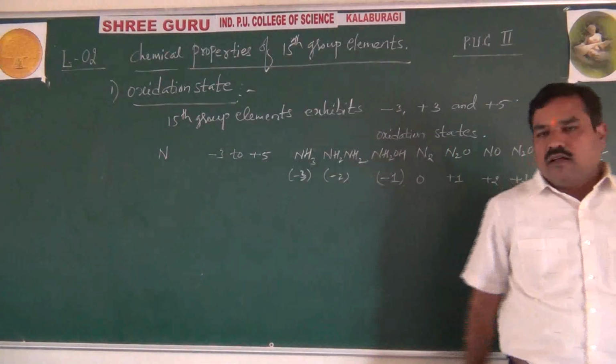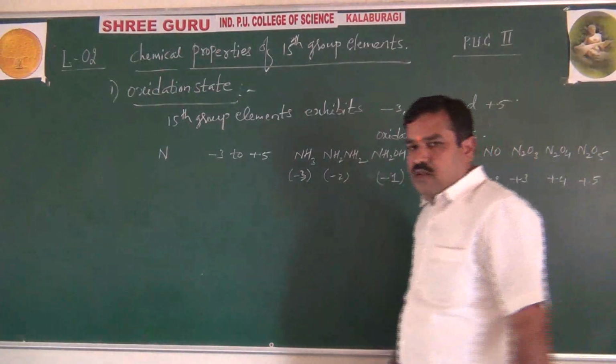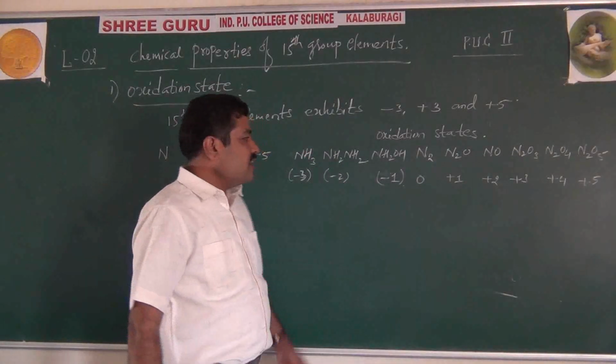Like this, nitrogen exhibits variable oxidation states from -3 to +5. This you already studied in the first year. These are the compounds.